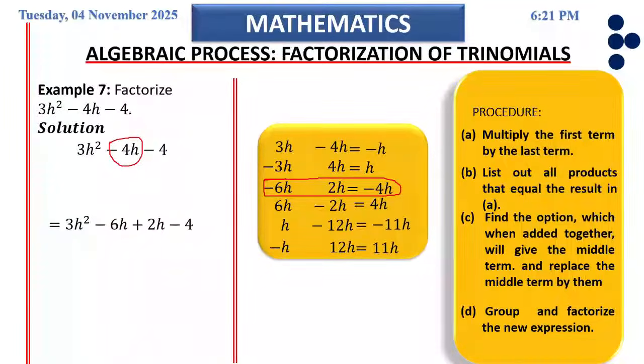So after splitting it, the next thing is to group. Don't forget what we said the other time. This bracket, you don't have to put it there. Me putting it there is just to make it glaring what we are grouping to solve. In fact, you don't actually need to put it there. It's just for the sake of explanation.